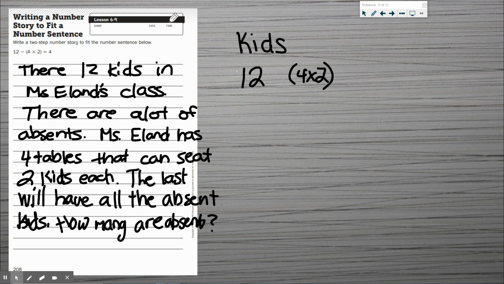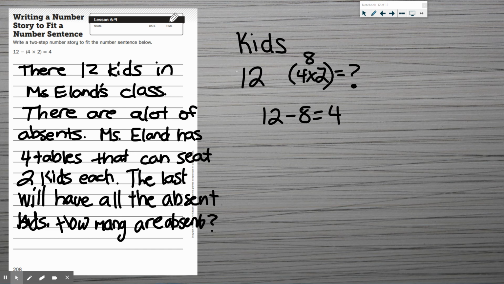And then I want to know what's left, who's absent. So I would say that I want to find the quantity of 4 times 2, and that's 8. But then those are the ones that are there. I need to know what's left. So that's why I do 12 minus 8 equals 4. So there are 4 kids left, or there are 4 kids that are absent.